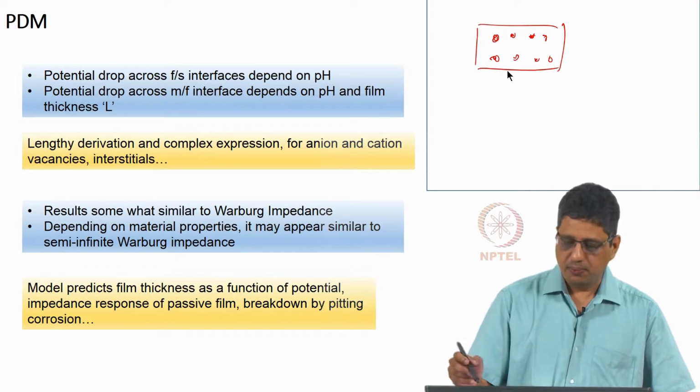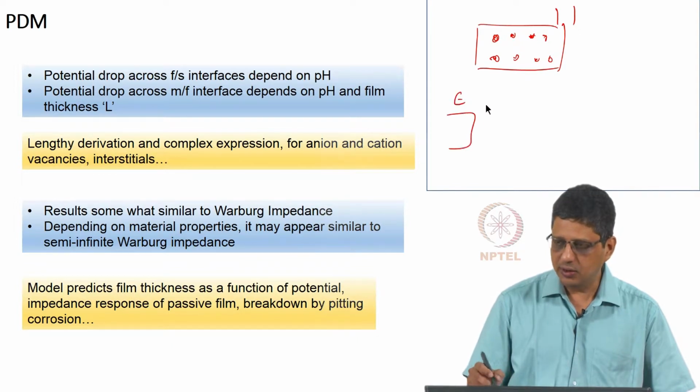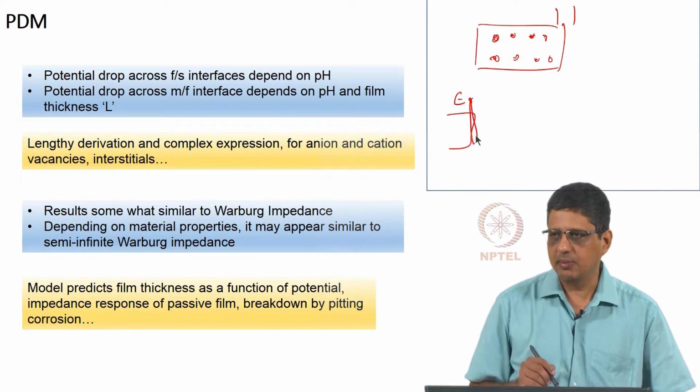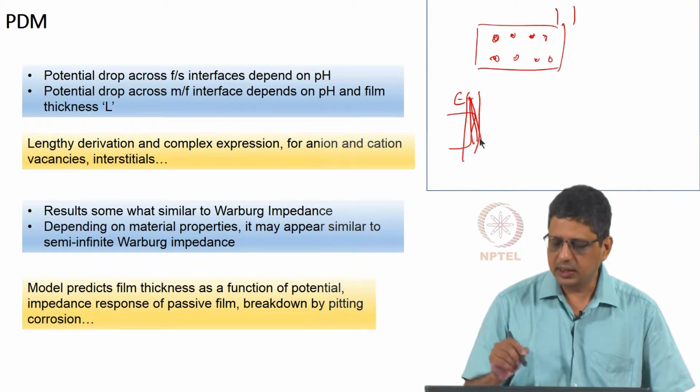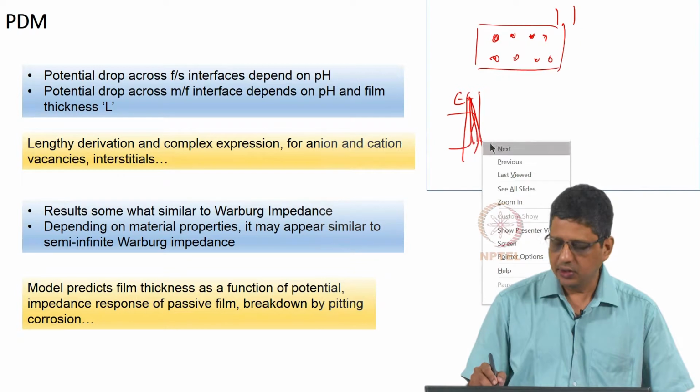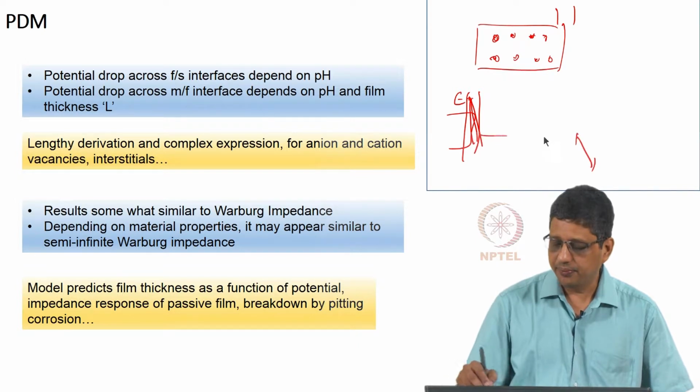Okay. Potential drop across this interface. When we apply potential, normally in a metal solution interface, we would say the potential drop occurs across the double layer, and if solution resistance is negligible, it is going to be more or less constant potential in the solution, and in the reference electrode again there is going to be a potential drop.